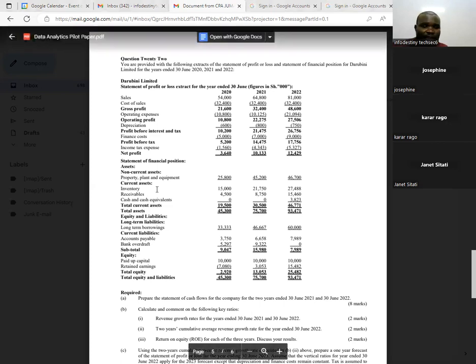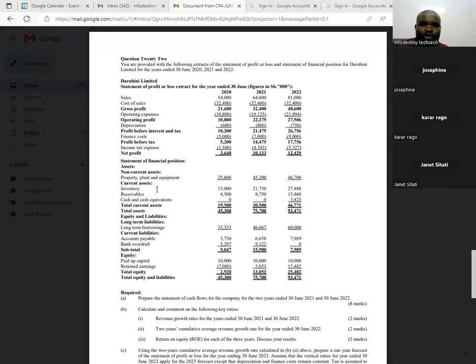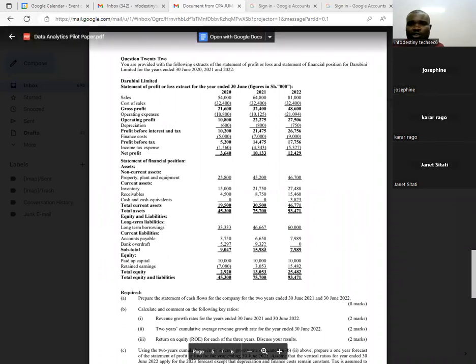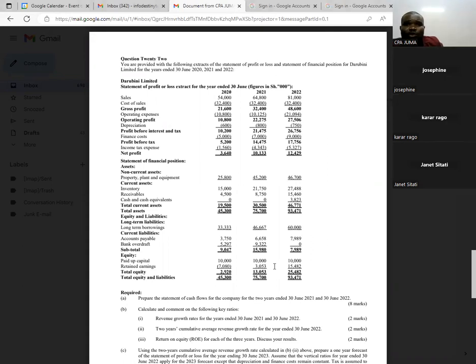Then they are saying, they have given us the financial statements now for the 3 years, that is from 2020 all the way to 2022 for profit and loss account, which you can see there. Then also we have the statement of financial position, we have been given for the 3 years. Fine.